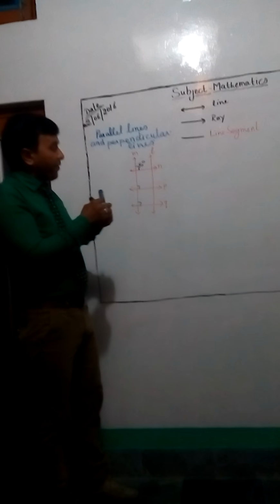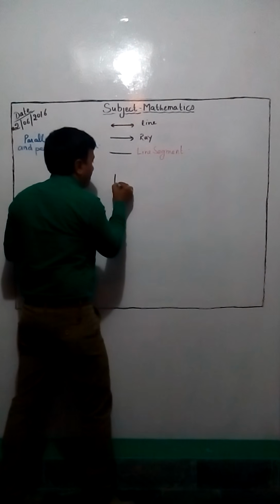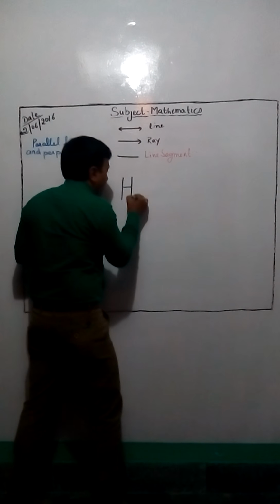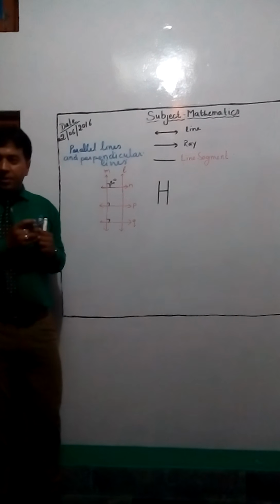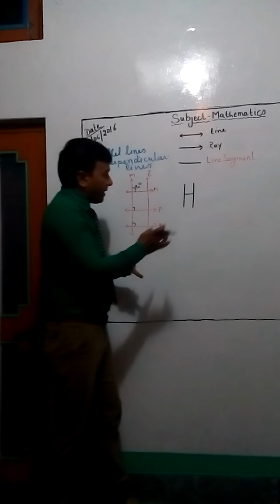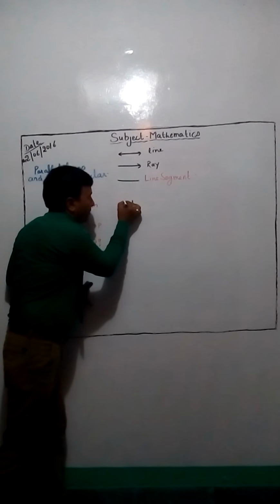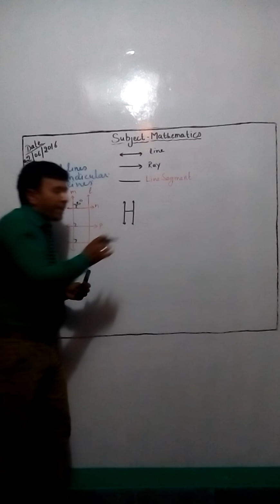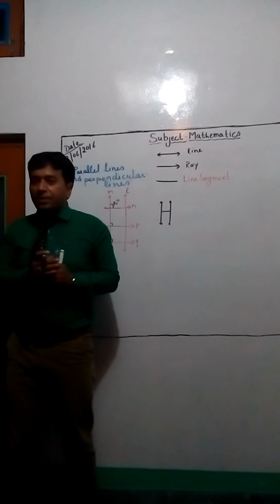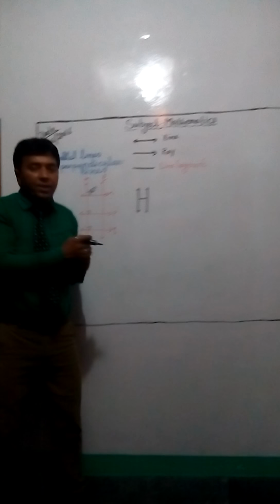Now, apart from that, there is the letter H. If you look at this letter, there are two line segments. They are at a constant distance, or the distance between the two line segments throughout their length is the same.